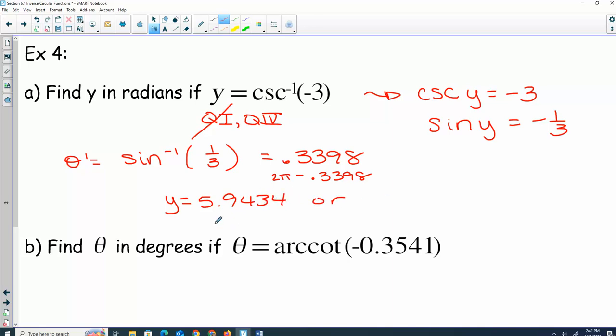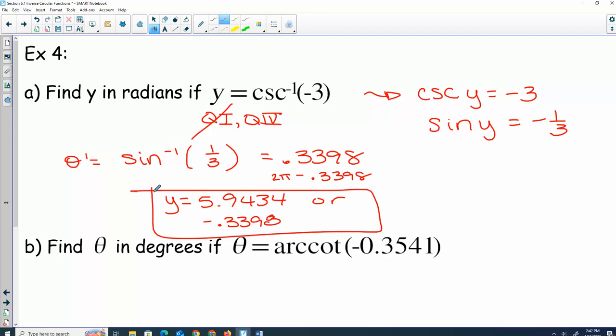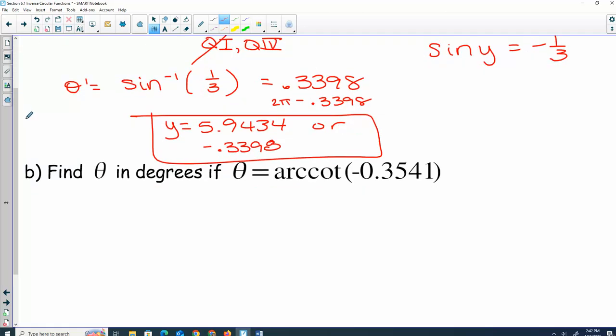Or if you caught it, in quadrant 4, would it just be a negative 0.3398? So you could give me either of those. Now I know on this one, if you had entered sine inverse of -1/3, it will give you that answer. But I'm telling you, long term, this is a better solution because you will be less confused later on.